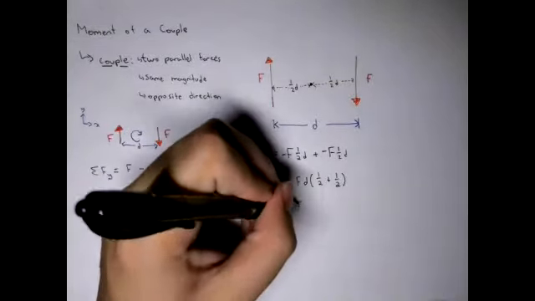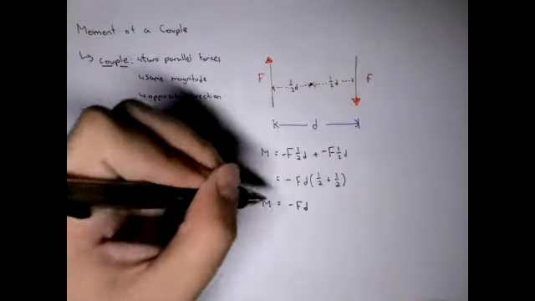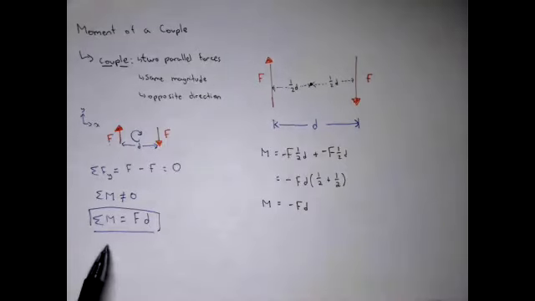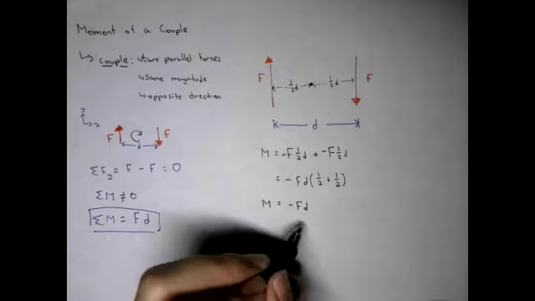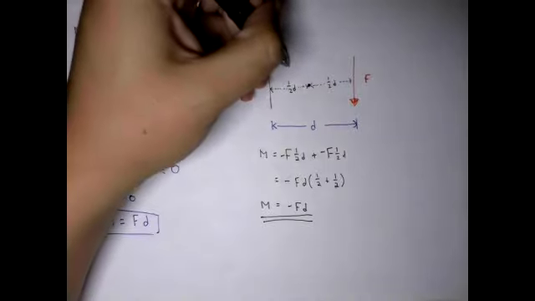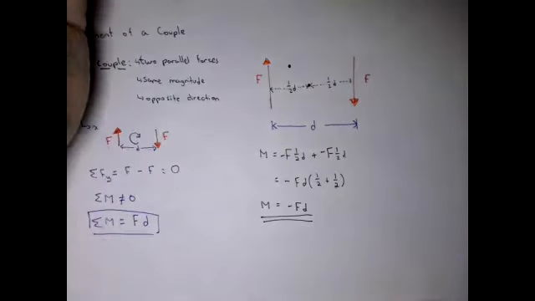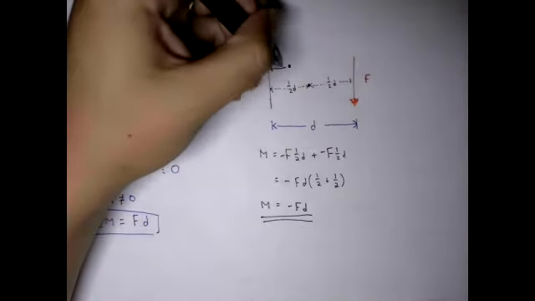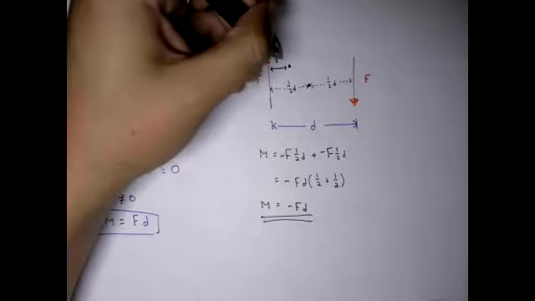So this just ends up giving me a moment of F times d, which is essentially what the couple moment is. It doesn't matter where you pick your point, you will always end up with a moment equal to F times d. So if I pick my point at 1/3 of the way between my forces, the distance between my point and my first force is 1/3 d.